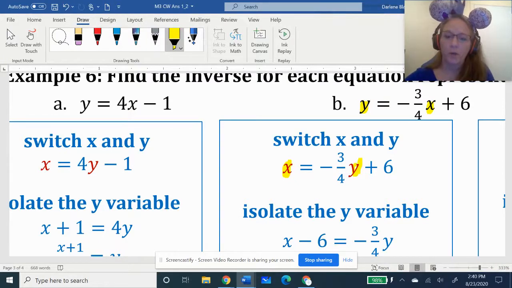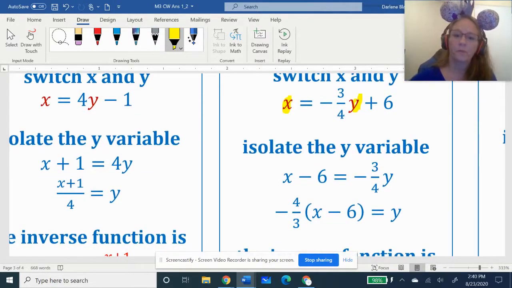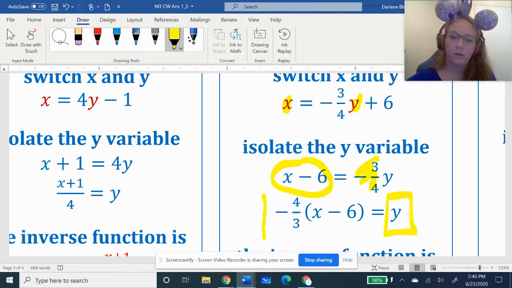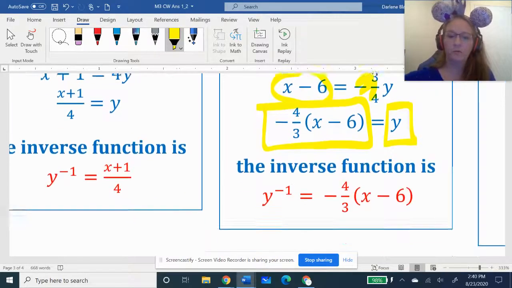Look for the weakest operation, addition, so you're going to first subtract the 6. Then y is being multiplied by -3/4. And anytime you're multiplying by a fraction, the easiest way to undo it is to multiply by its reciprocal. So multiply both sides by -4/3, and that will undo that -3/4 multiplication. And that then is y isolated, and you have your inverse.